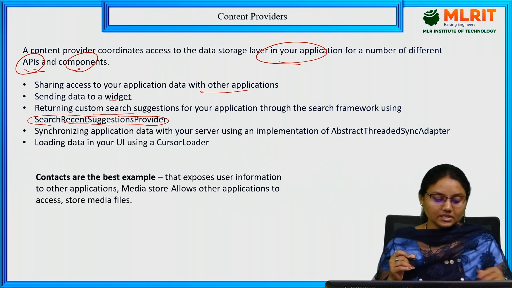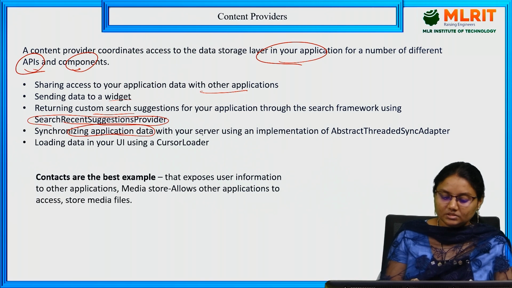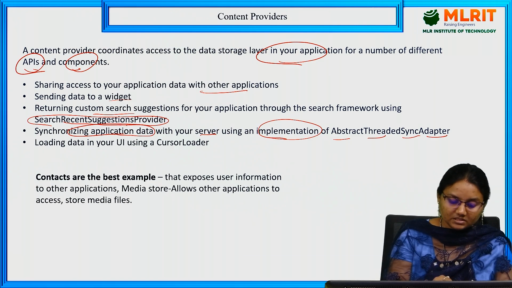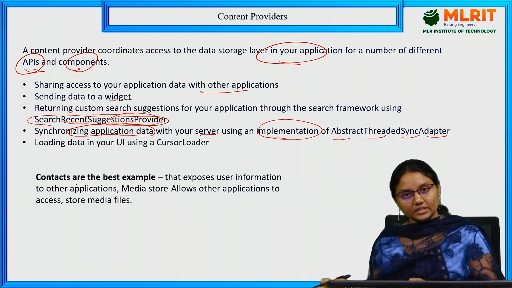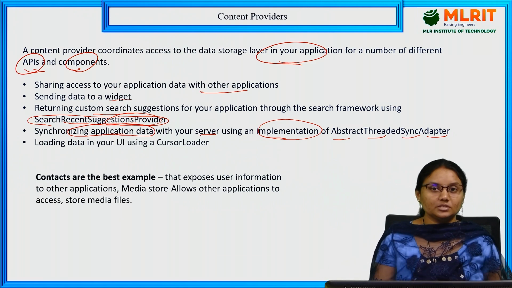Search recent suggestion provider, synchronizing application data with your server using an implementation of AbstractThreadedSyncAdapter. Means what? For the search suggestion provider, you need one API so that it will synchronize the data with the server, and it will show you all the images which are relevant to it.